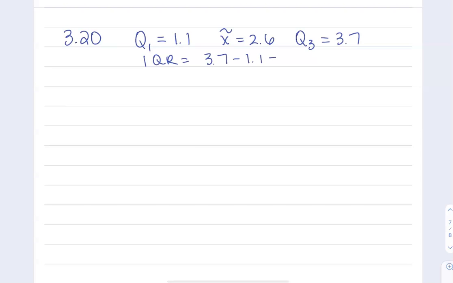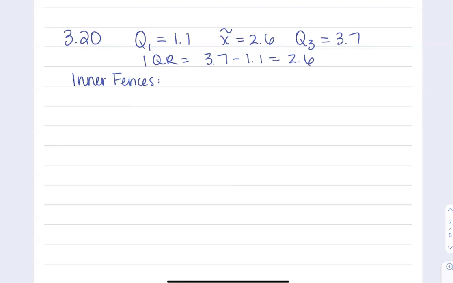So we have Q1 is 1.1, our median is 2.6, our Q3 is 3.7, and our IQR, which is Q3 minus Q1, is 2.6.